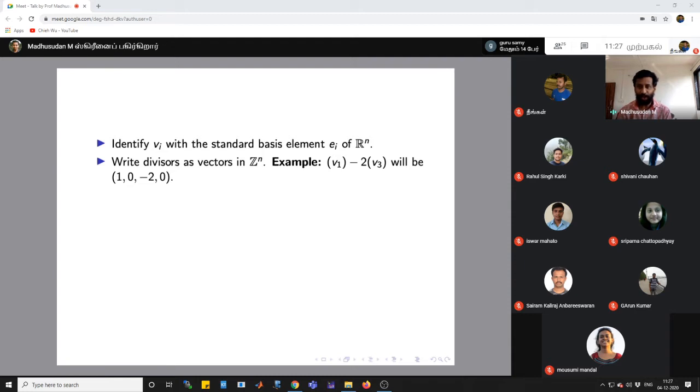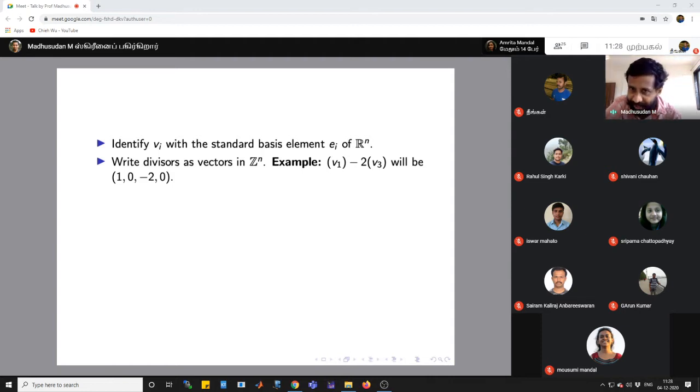Just that to make it formal, I need to say all this to make it rigorous. So here it is. If you have this divisor bracket V1 minus 2 bracket V3, then the associated vector will be what?